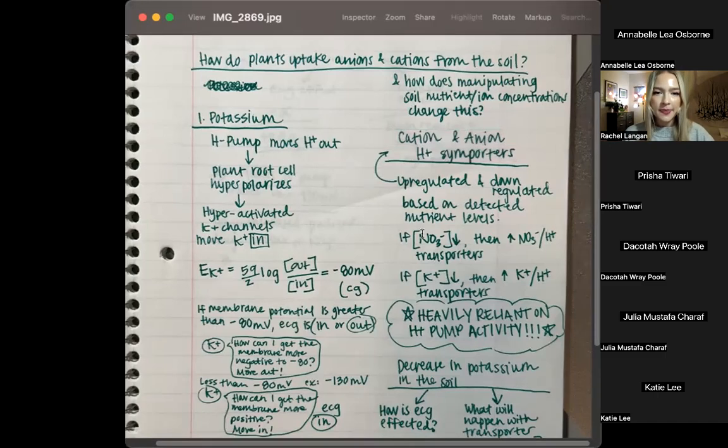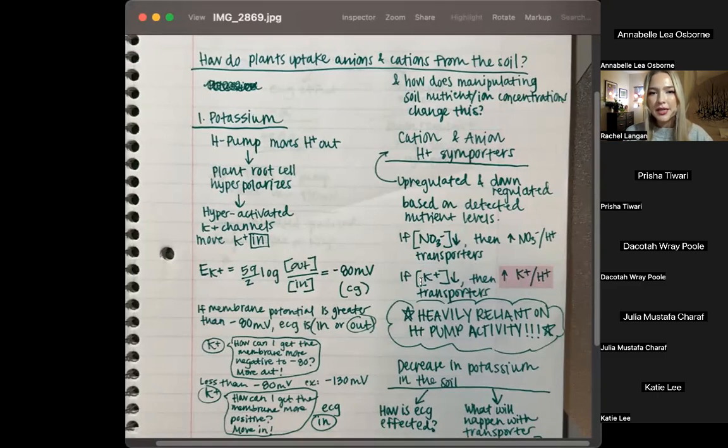So for example, if it detects that nitrate levels are low, then it's going to increase transcription of nitrate hydrogen symporters. If it detects that potassium concentrations are low, then it will increase making potassium hydrogen symporters.